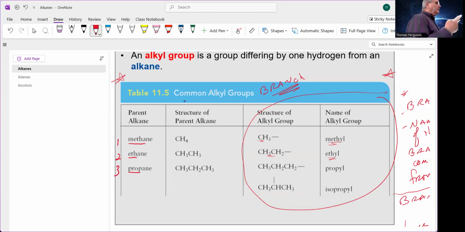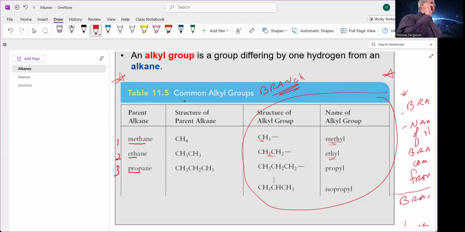If it's a one carbon backbone, that's called methane. Two carbon backbone, no branches, it's called ethane. And then propane, butane, pentane, hexane, heptane, etc., all the way up to 10.